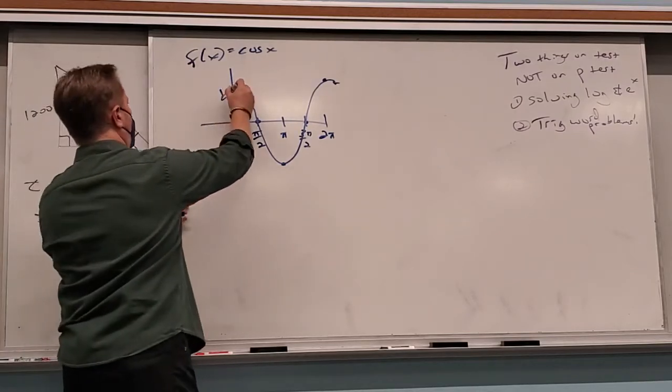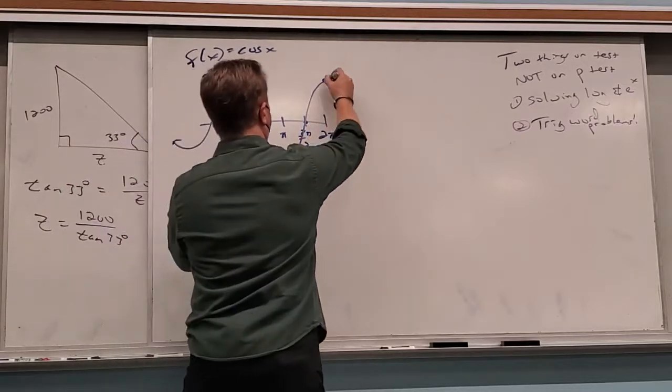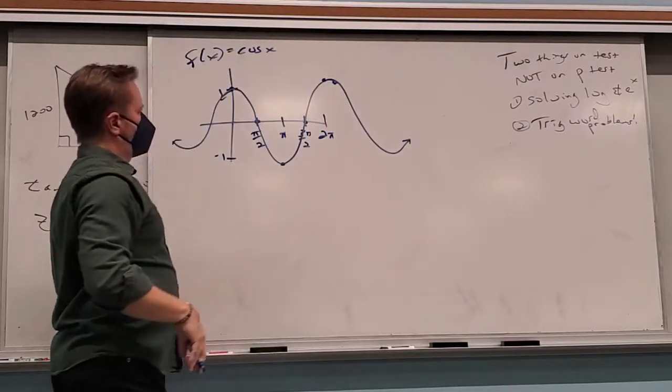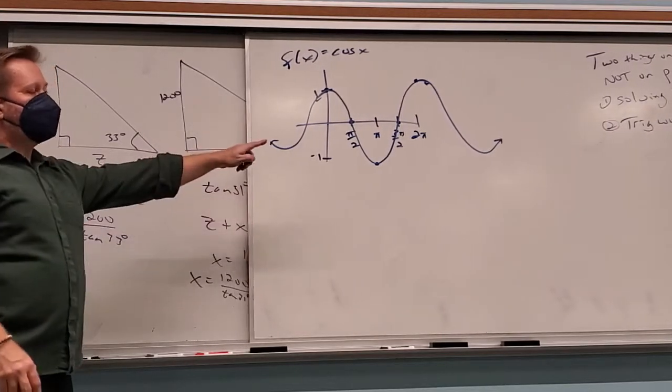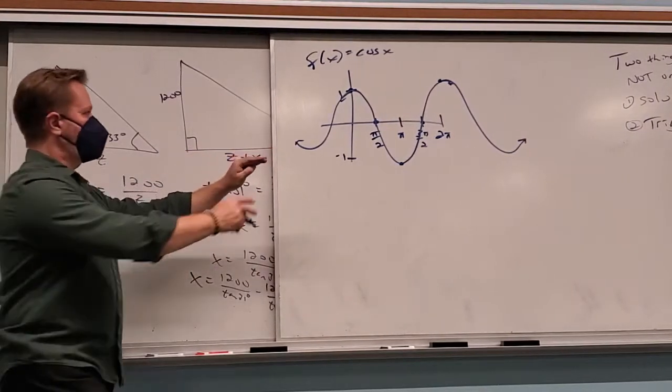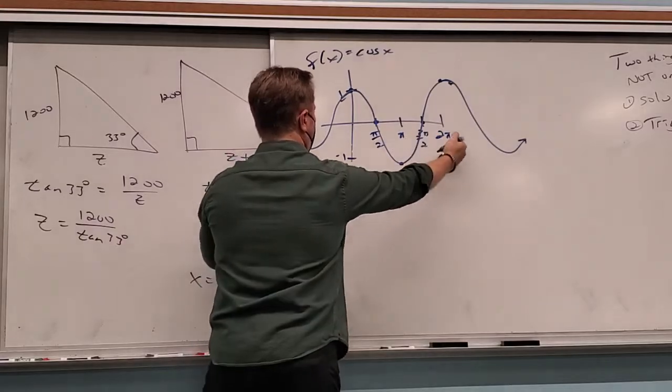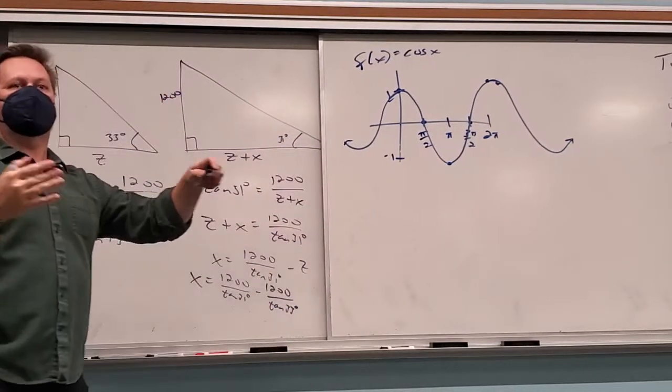I always think of cosine as some kind of a weird octopus thing, or it looks like a horned beast or something. Okay. That's the basic cosine. It's got the same anchor points. You just gotta remember what it does at each.